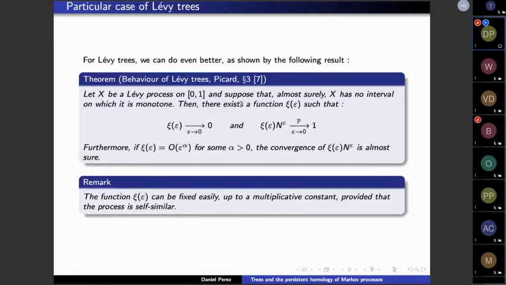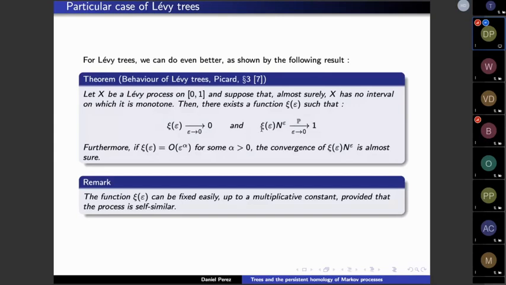Okay, so in particular for Brownian motion, for example, we can actually say quite a bit of things, which are a little bit richer than the previous theorem. So if X is a Lévy process now on 0, 1, and we suppose that almost surely X has no interval on which it is monotone, which actually happens quite often. So for example, Brownian motion has this property. Then there exists some function psi epsilon, which we have an expression for, such that this psi epsilon actually tends to 0 with epsilon.